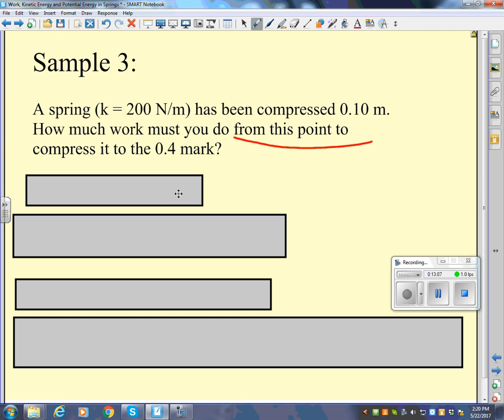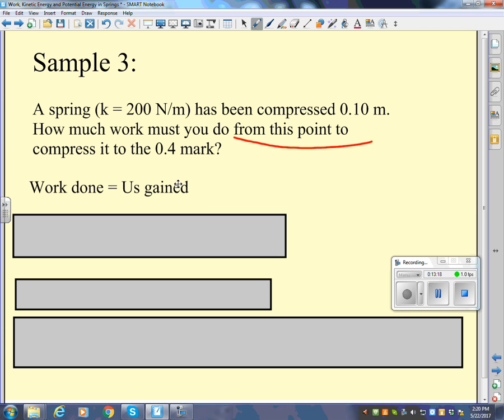Now your first instinct might be to subtract and get that 0.3 and then go with that. Let's just see what happens here. Okay. Now, this is a key idea right from day one, that work is done when energy is transferred, and so in this case the amount of work done is the potential spring energy gain.